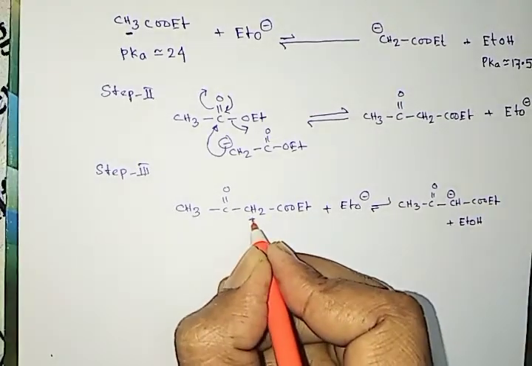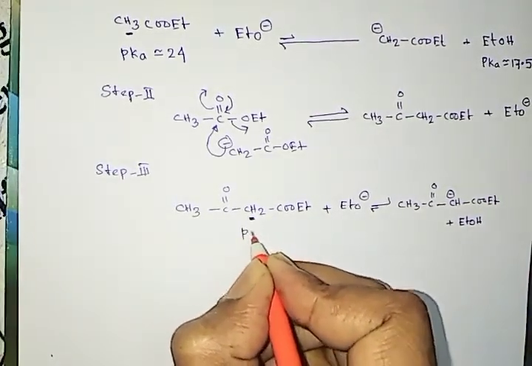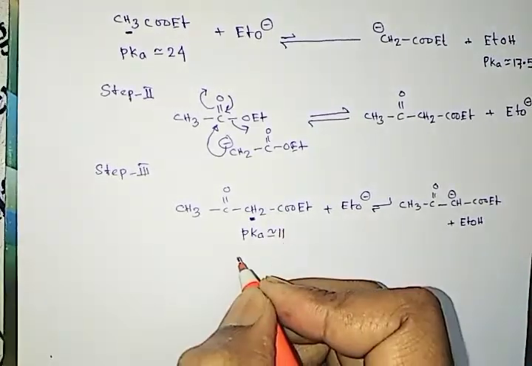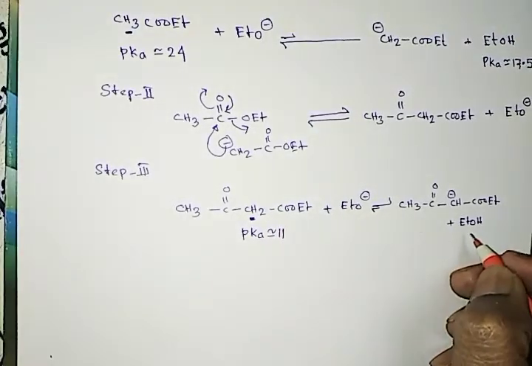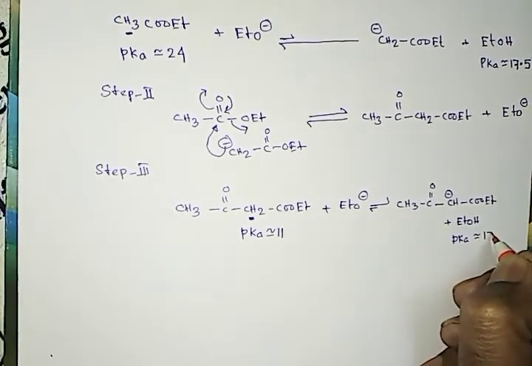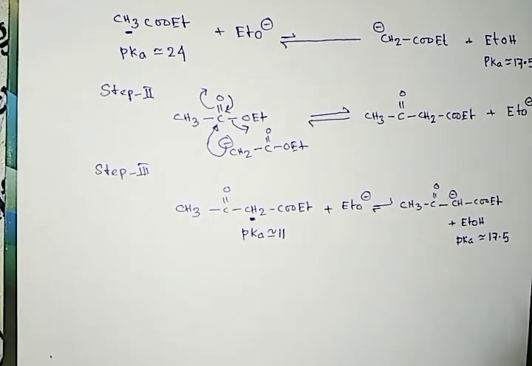Here the pKa of this proton is about 11, whereas the pKa of ethanol is about 17.5.